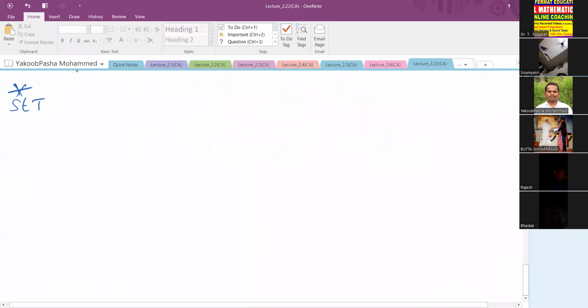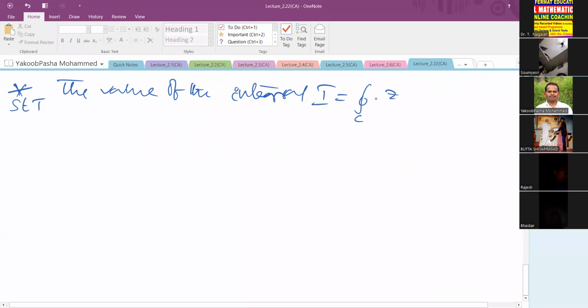The value of the integral I is equal to integral over C of z divided by z square minus 3z plus 2 dz, where C is modulus of z minus 2 is equal to 1 by 2, is.